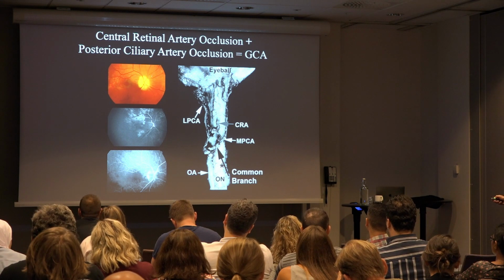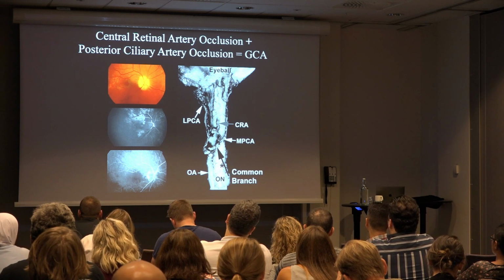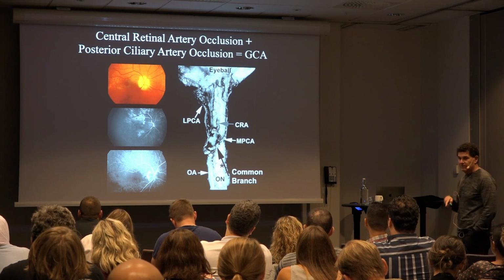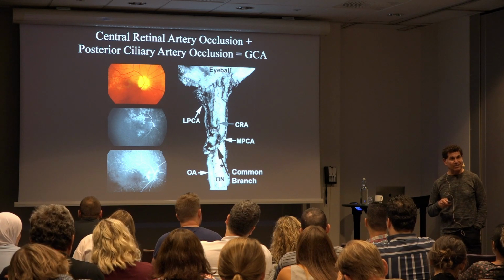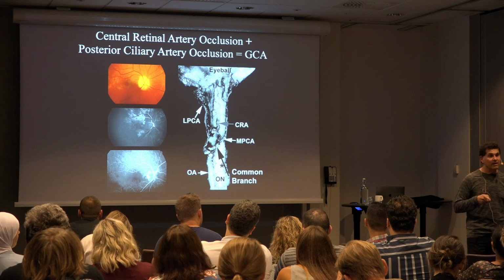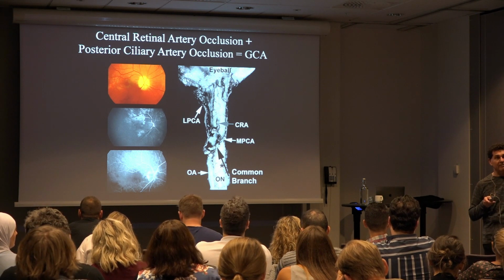So here's a central retinal artery occlusion and a swollen nerve, and the choroid is affected. You don't want to miss giant cell arteritis causing a central retinal artery occlusion. But the only way you'll know is by a fluorescein, because you'll see abnormal or loss of filling of the choroid.